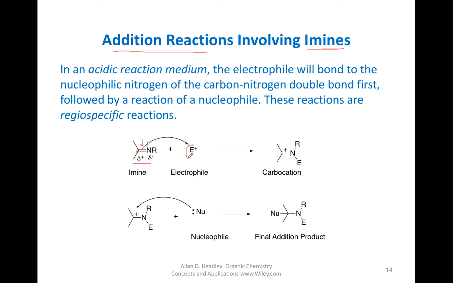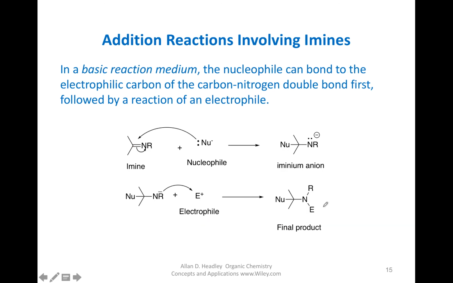So it will react with an electrophile in a regiospecific manner to add the electrophile to this nitrogen because of the partial negative. If there is a nucleophile present in a second step, it will add to this carbon here to give you this as the final product, looking like this.